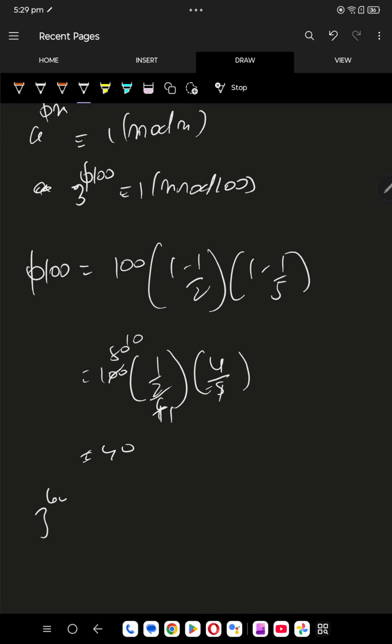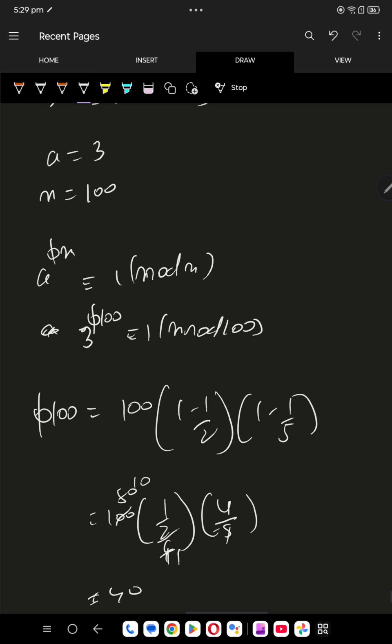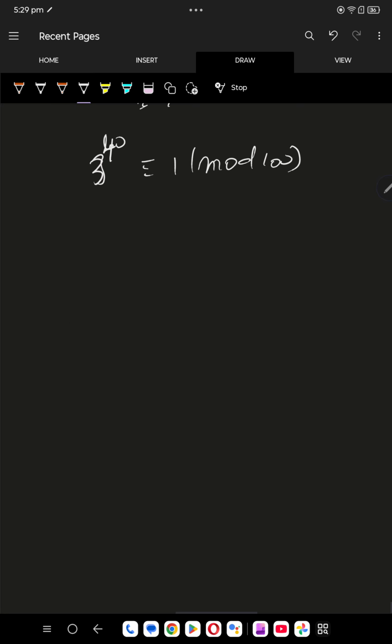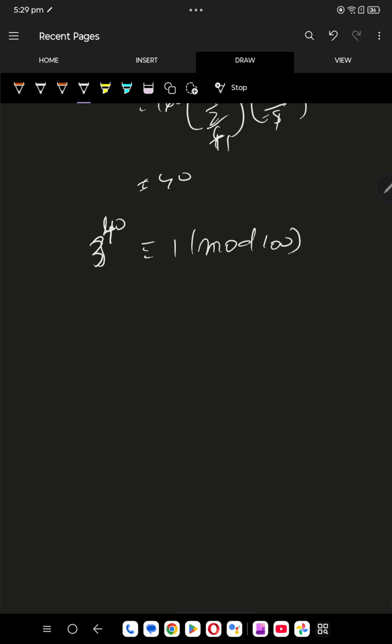So 3 power 40 is congruent to 1 mod 100. Do we want 3 power 40? No, we want 3 power 2026. 2026 divided by 40 gives 50. So 3 power 40 into 50 is congruent to 1 power 50 mod 100.